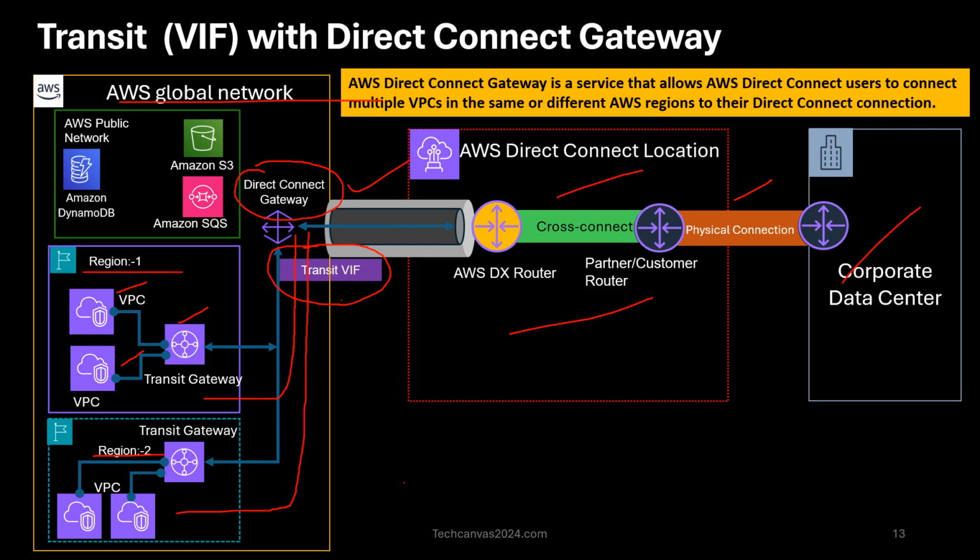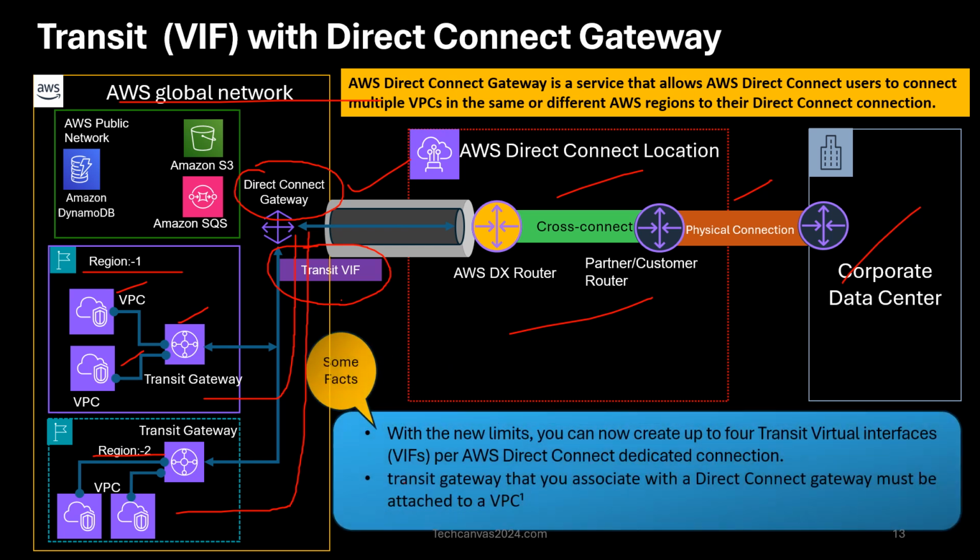That flexibility you can get only when you are using a dedicated connection. However, this design will not work if Direct Connect Gateway is involved, since you can have either a virtual gateway or a transit gateway attached to the DX gateway, but not both. That is a kind of limitation you have here.